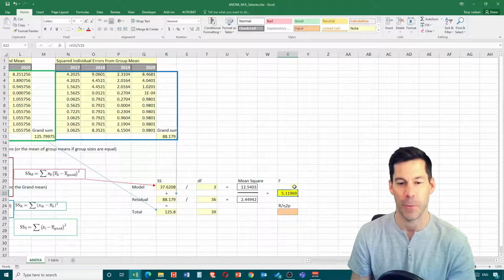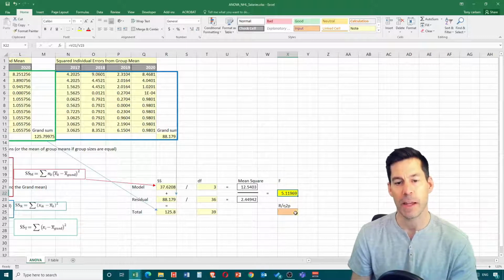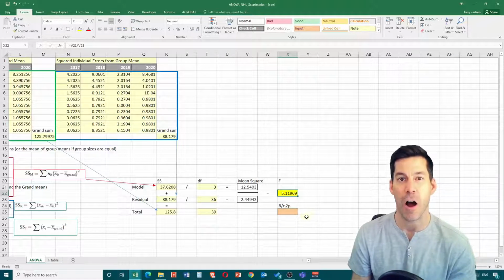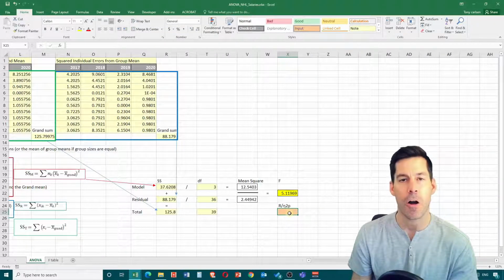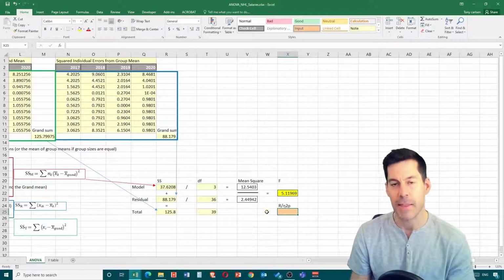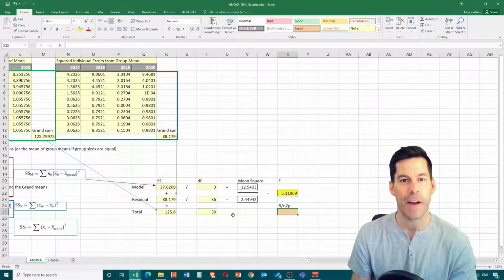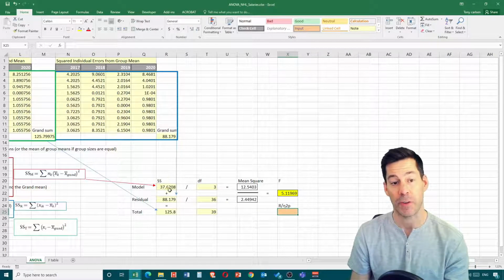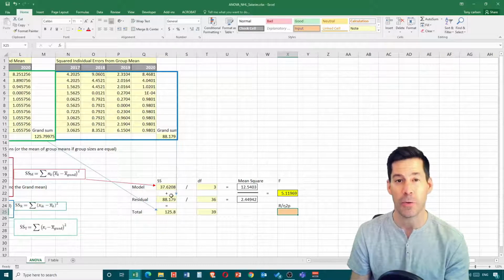The last thing we can do is we can determine what our eta-squared value is, or our R squared value. And remember, our R squared value is just simply the proportion of variance that's explained by the model. And in our case, it's pretty easy to figure that out because we've got our sum of squares of our model and our total sum of squares.